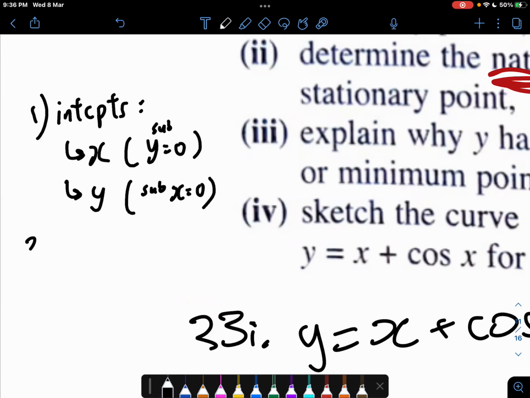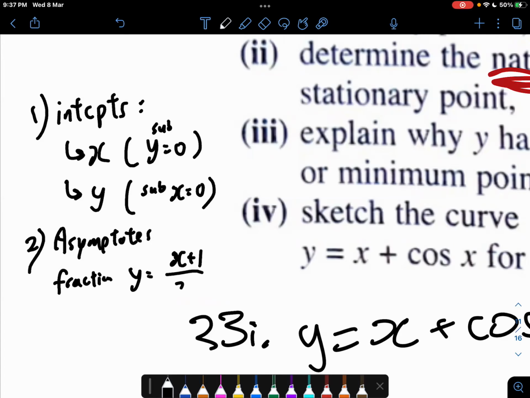Okay. Next one, asymptotes. Whenever you have a fraction going on, like for example, y equals x plus 1 over x, you're dividing by x, correct? But you can never divide by a very special number. What number is that?